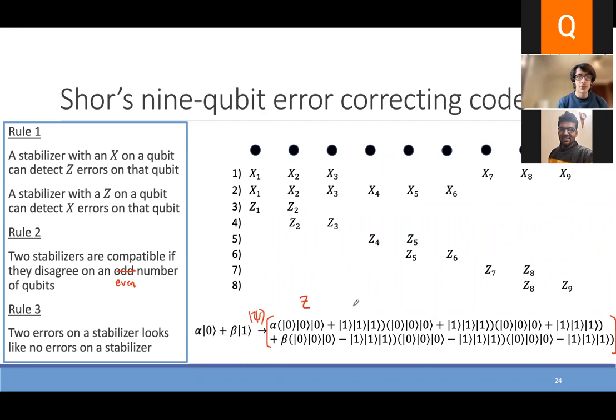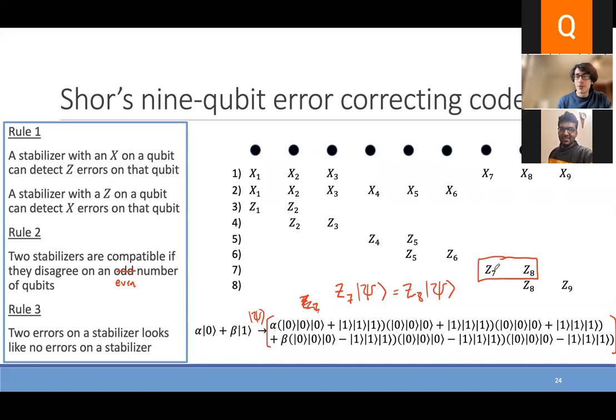That's the state we're trying to protect. And the important thing is that if you look at all of these messy qubits, this state has Z7 acting on psi equal to Z8 acting on psi, because we wanted Z7 times Z8 to just be 1.